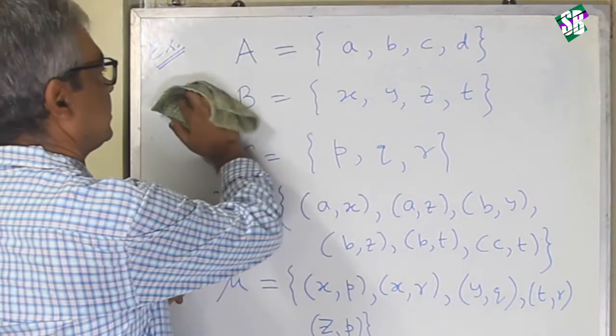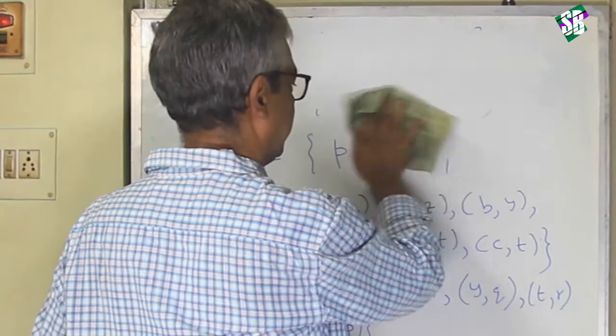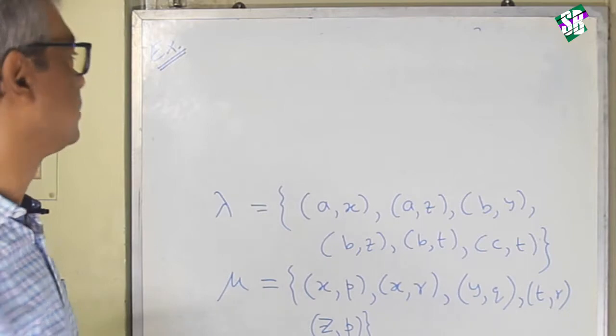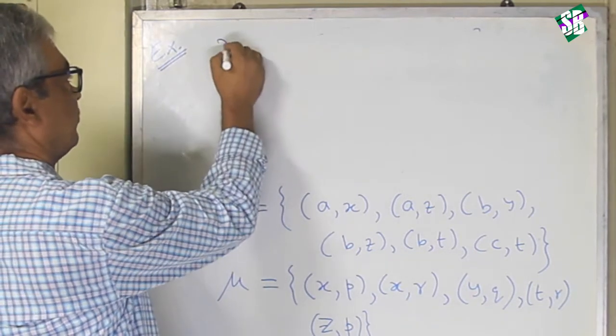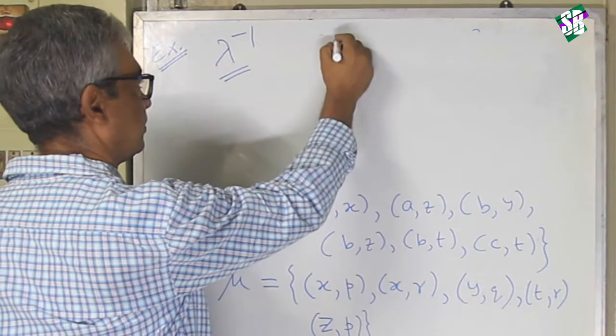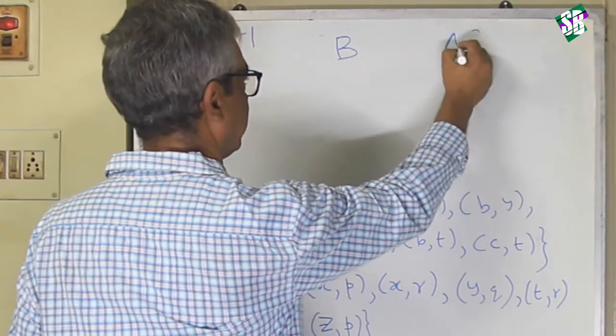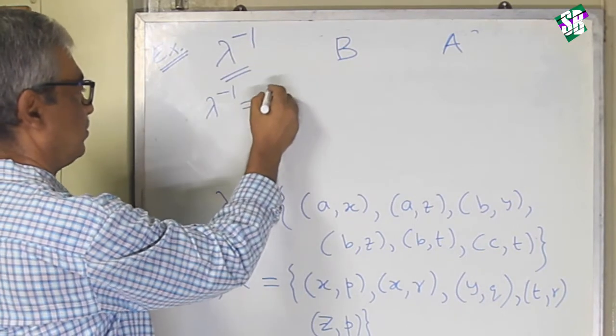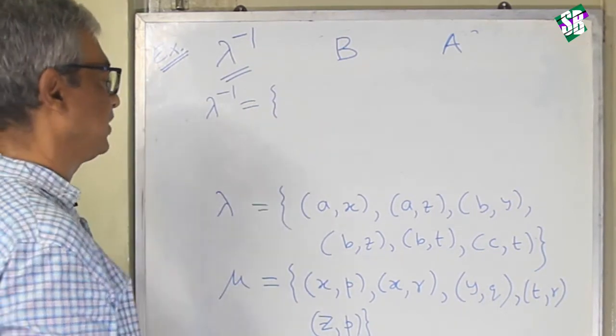So what is lambda inverse? Lambda inverse is a binary relation from the set B into the set A. And how will lambda inverse be given?